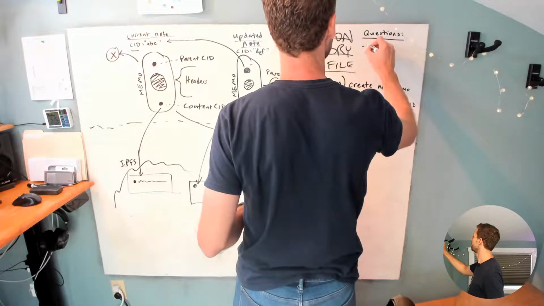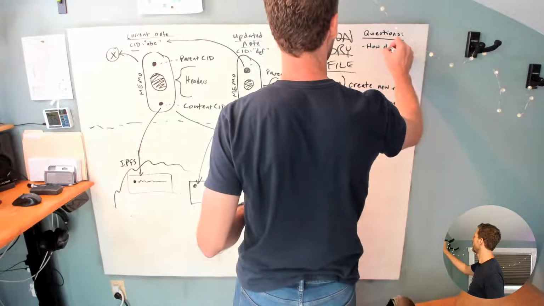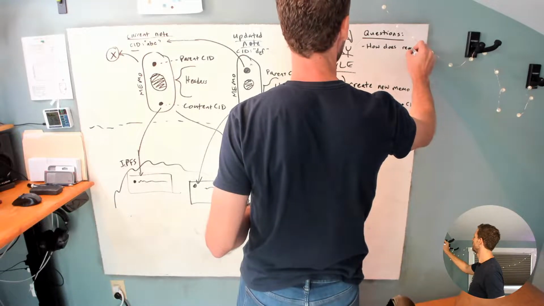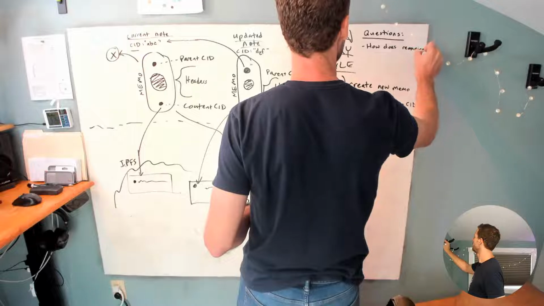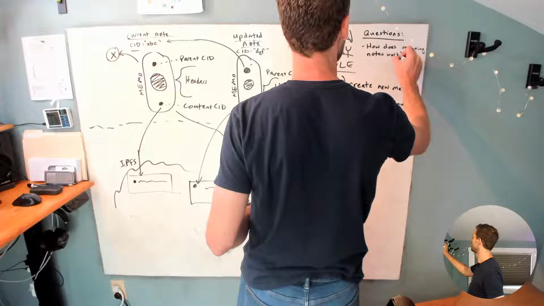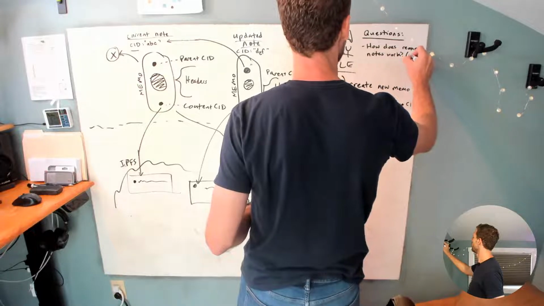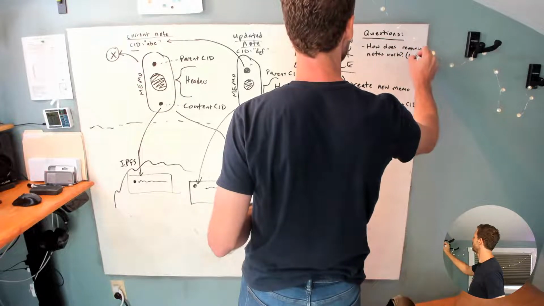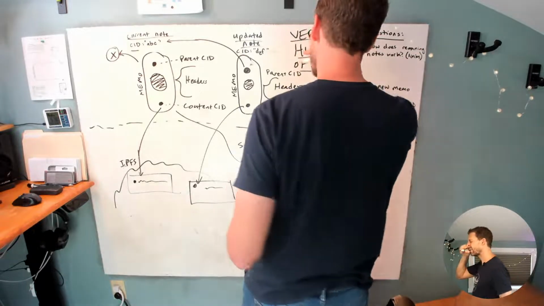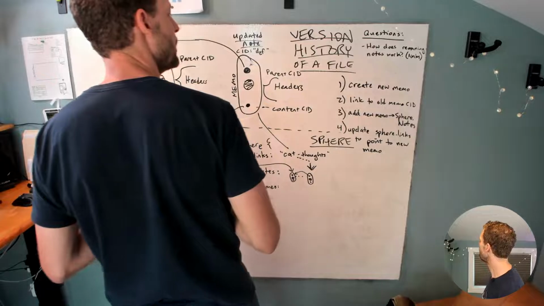How does renaming notes work? And this is basically a question about how the sphere.links things work. I think there's a couple different options there, but we'll get into that in a second.